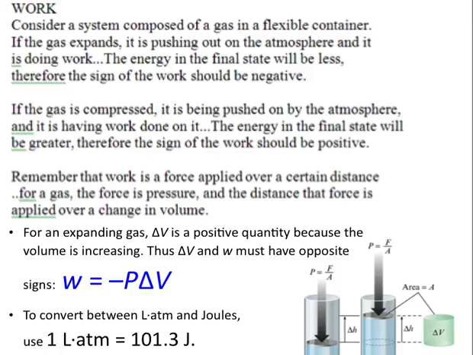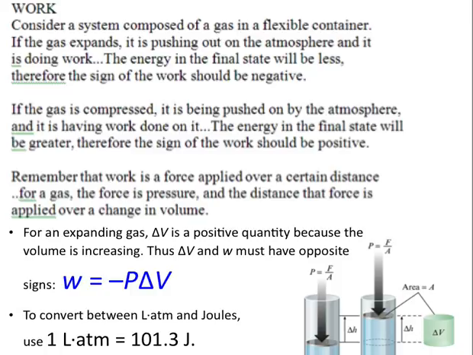That system was doing work because it was inflating the bag against the 1 atm or whatever the pressure was. Okay? So systems do work by producing gas, period, end of story. We don't have motors and all this stuff that they have in physics. We just have these reactions making gases, and if a gas is compressed from the surroundings, then work is being done on the system. Okay?